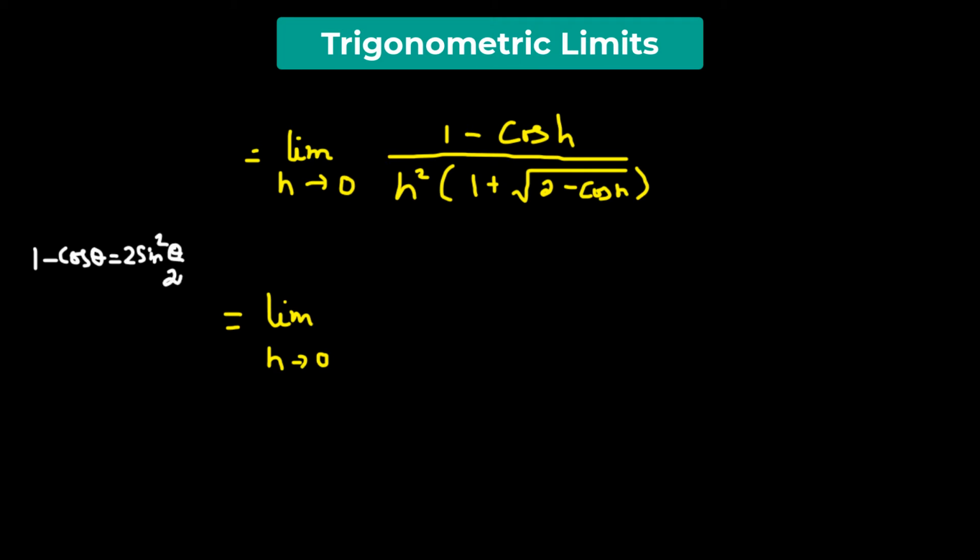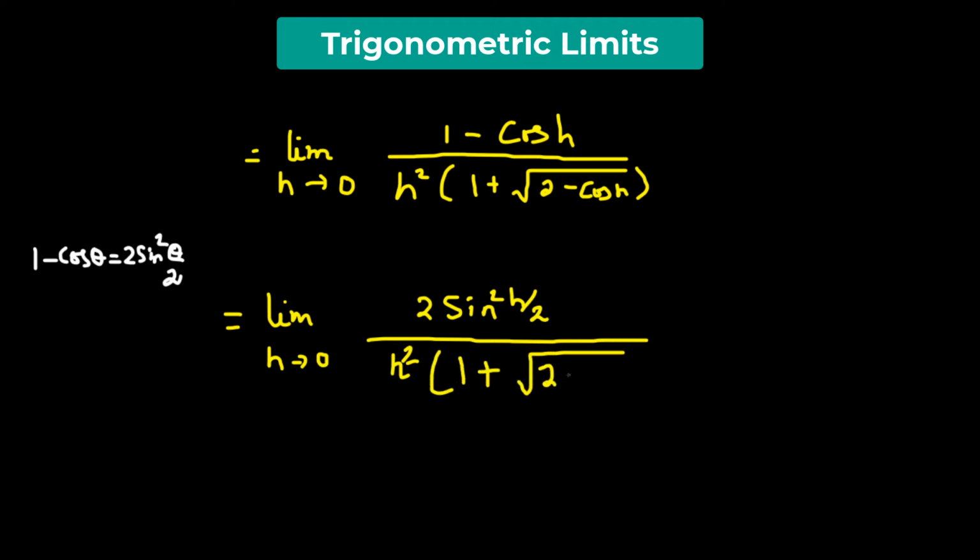So that gives us 2 times sine squared h over 2 in the numerator, divided by h squared times 1 plus square root of 2 minus cosine of h. Now what we're going to do is divide h squared by 4. That would mean we also need to multiply by 4.